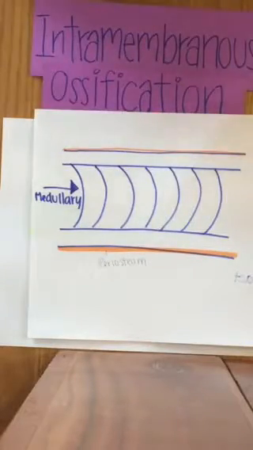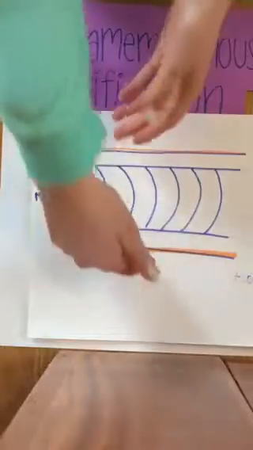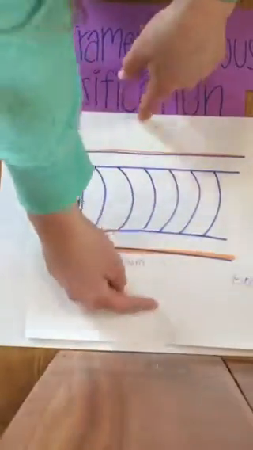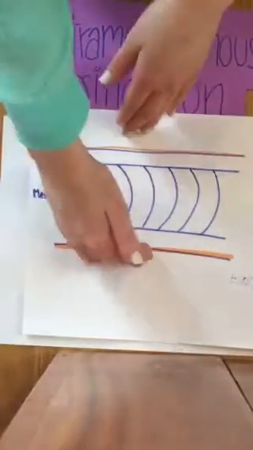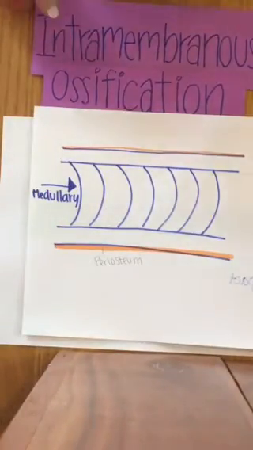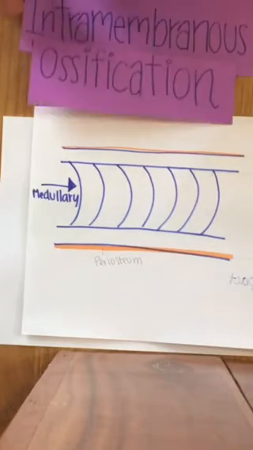This periosteum has fibrous connective tissue, and so more osteoblasts can be produced, which allows the bone to grow in appositional growth. So it builds layers and layers and causes the bone to widen rather than lengthen. It widens the flat bone. So that is the process of intramembranous ossification.